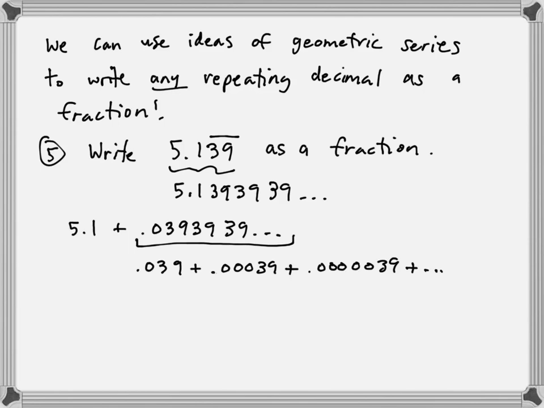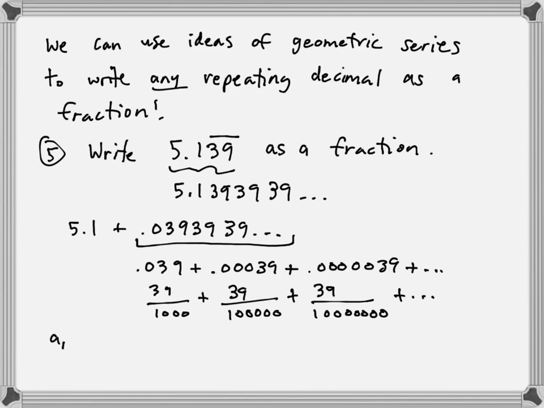So this is the pattern, and so this is a geometric series, isn't it? If we want to write it as fractions, we can. This is 39 over 1,000 plus 39 over 100,000. We add 2 more zeros because each time we added 2 more zeros. Plus 39 over 10,000,000.